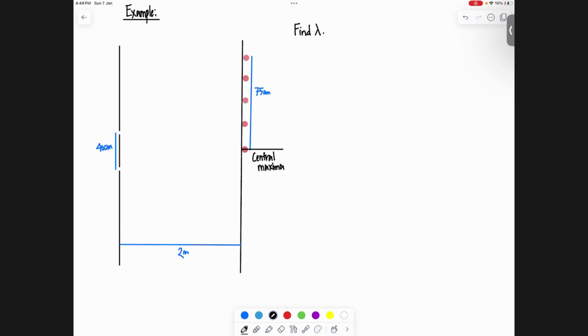Are you guys using the formula lambda equals to ax by d? Is anyone using the formula? No, the formula can't be used, because my separation is 0.4 and my screen is 2 meters apart. Isn't this ratio nowhere close to 1000?